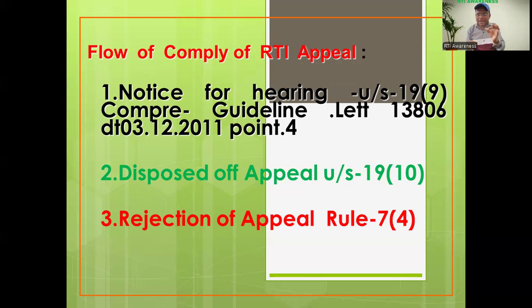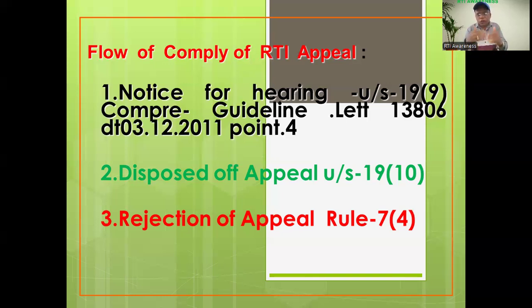And in the department's comprehensive guideline, letter number 13806, dated 3 December 2011, point number 4, it is written that whenever the first appellate authority receives an appeal, he or she has to give notice to the appellant to attend the hearing. So as per section 19(9), he has to give notice to the appellant.